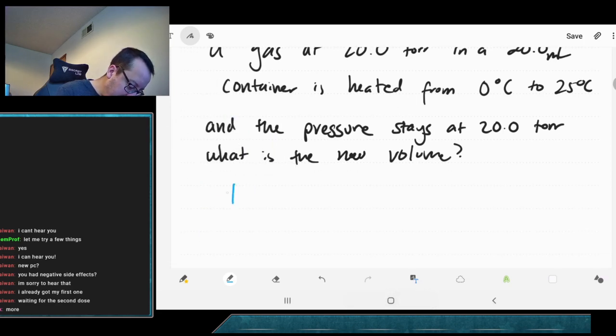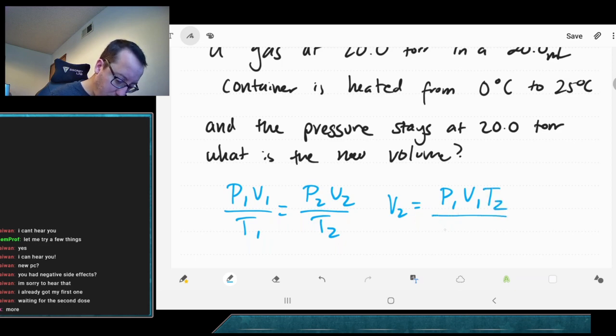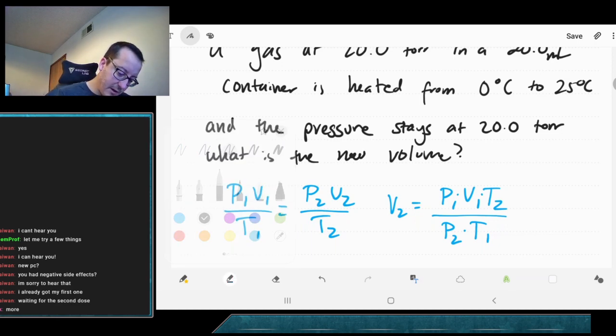If we have P1 V1 over T1 equals P2 V2 over T2, we'll see that if we solve for V2, it'll be very similar to our last one. P2 T1. Okay. Let's plug in everything.